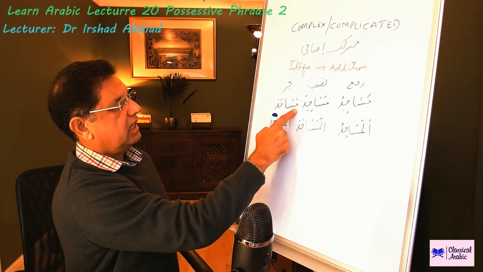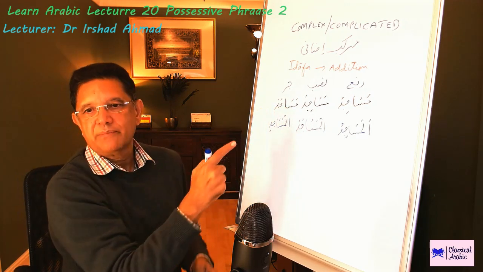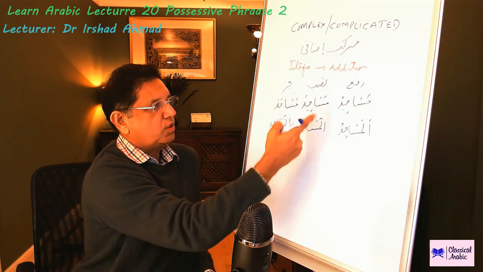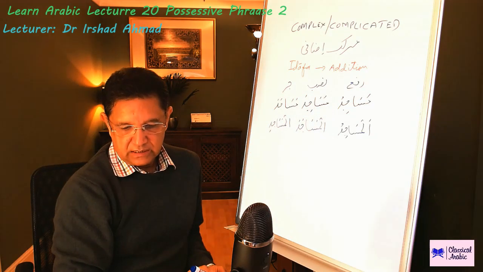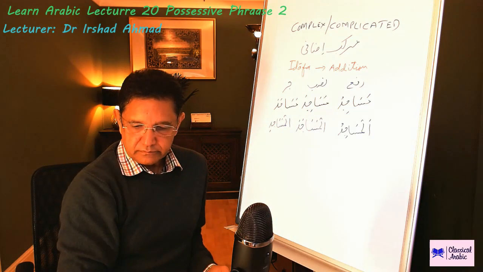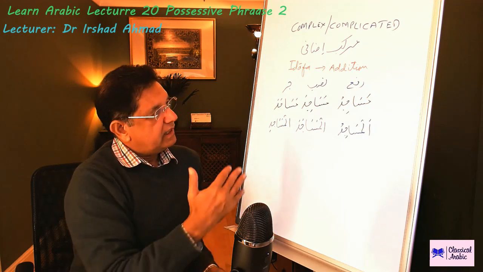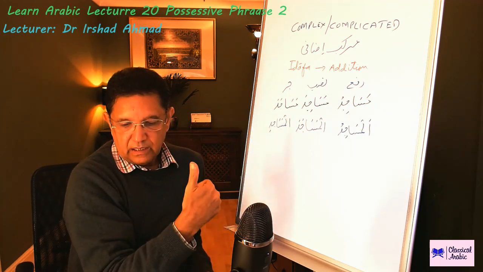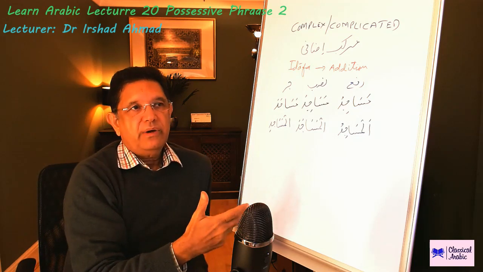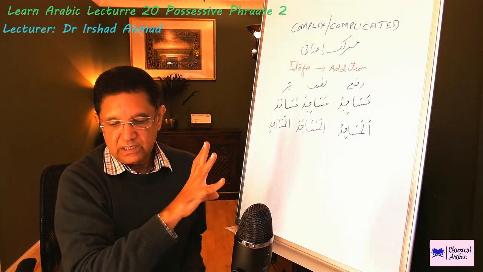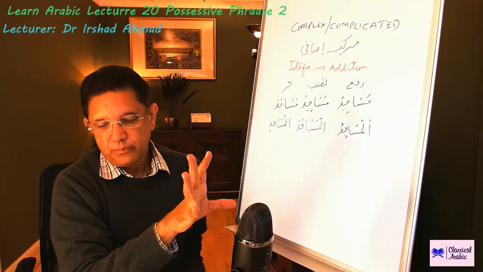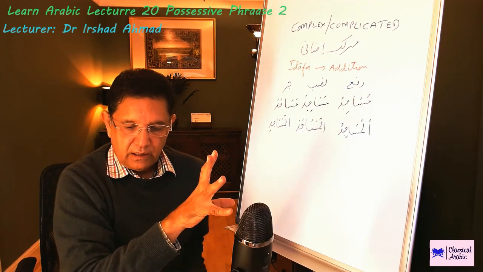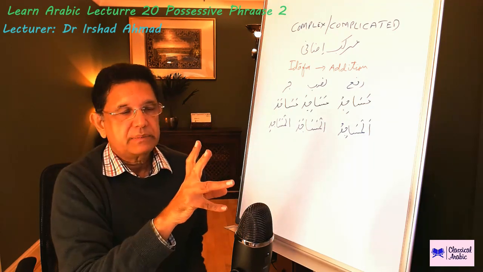Otherwise, Ghair Munsarif Asma do not take kasra in Halat Jar, so their Nasab and Jar look the same. Now, that was one example, one exception to the rule. The other exception to the rule is when a Ghair Munsarif Ism takes the place of Mudaf Ilayh, it also then accepts Kasra.